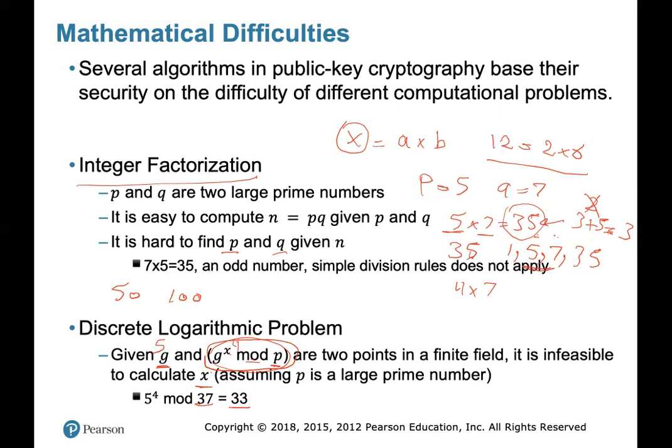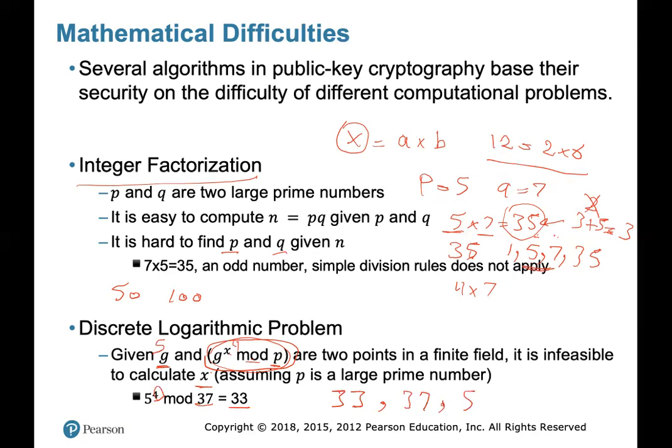So now I'm going to publicize 33, 37 and 5. If you don't know the 4, and you're seeking it, there is no way to mathematically derive that.